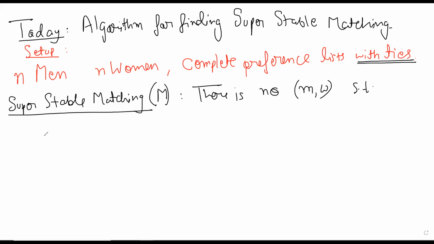The notations that I can use, I just want to keep it simple. There are 3 conditions, right? The 3 kinds of blocking pairs, and all 3 we want to avoid. So we have to write it in full.